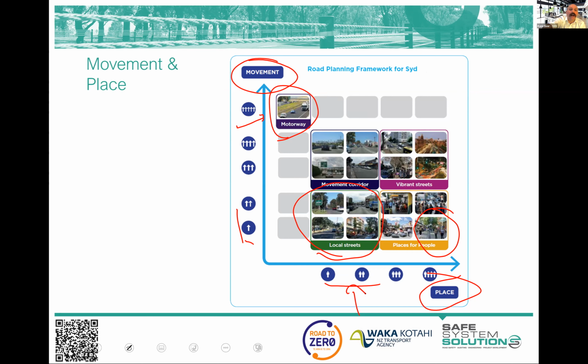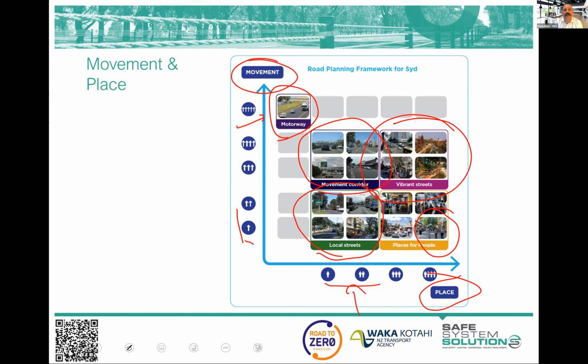Then we've got movement corridors up here, so it's more about movement of people and goods, and usually a lot of these are big traffic arterial style roads. Over here we have a category they call vibrant streets, and this is the one where it's trying to move people through and goods through as quickly as possible, but it's also generated place activity.